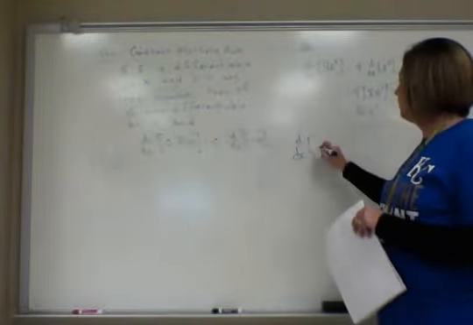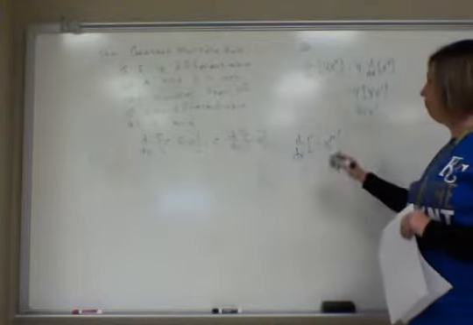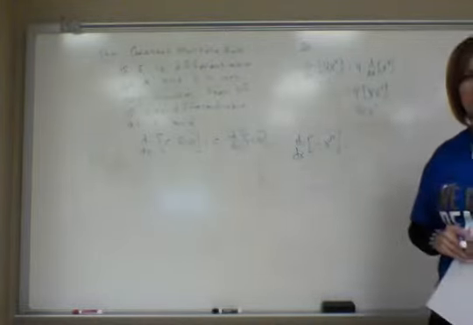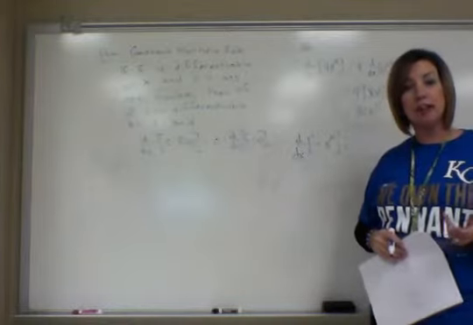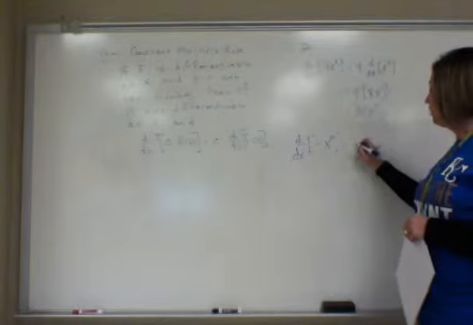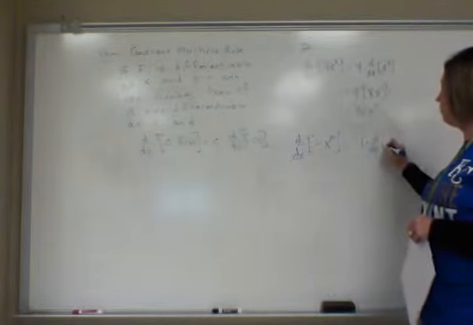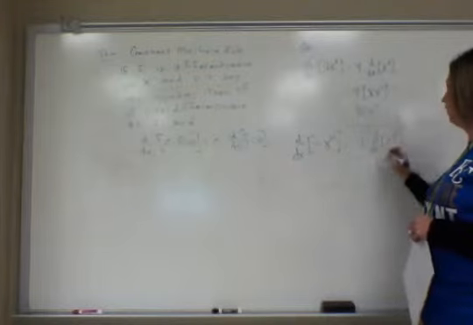Let's find the derivative of negative x to the 12th. Now, I think we already looked at one that was x to the 12th, but this one's negative x to the 12th. And keep in mind that that negative there is really like a negative 1. So we can really have negative 1 times the derivative of x to the 12th.